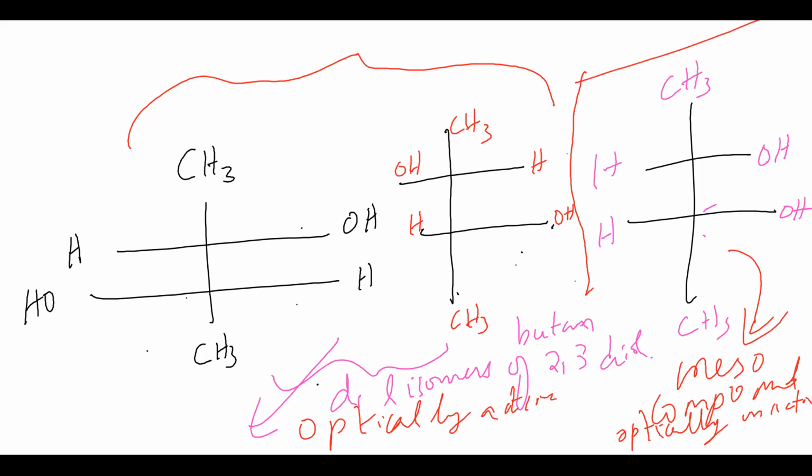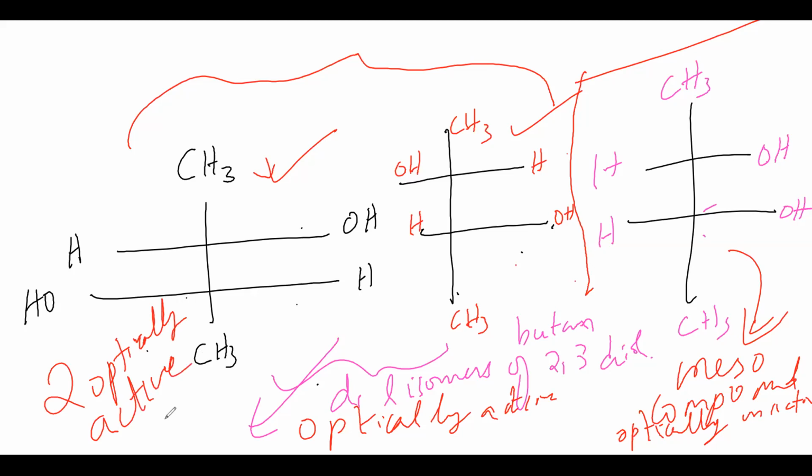You got the point. So how many compounds are optically active? The D and L here, the dextro and levo. There are two optically active isomers. So the answer is 2 for this.